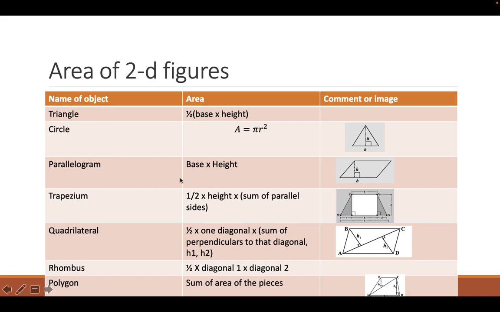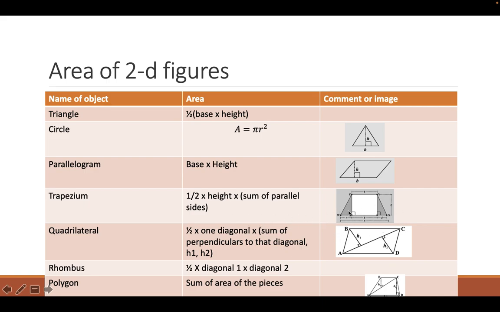Parallelogram: it has parallel sides, so base times height is the area of the parallelogram. For the trapezium it's a little tricky: half times height times the sum of the parallel sides.